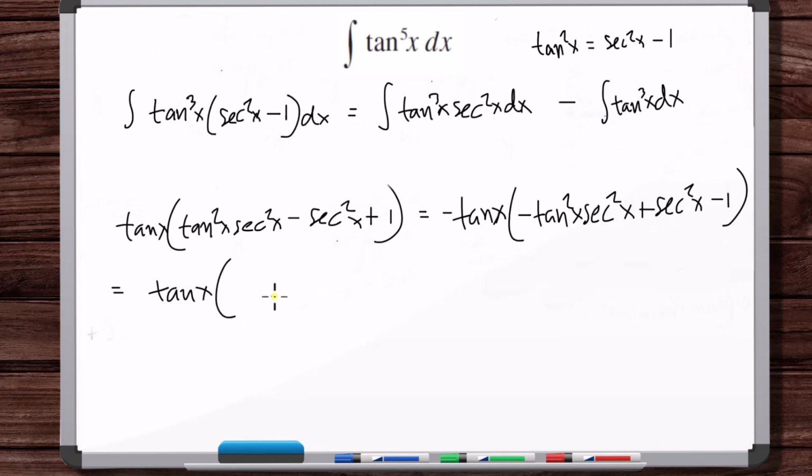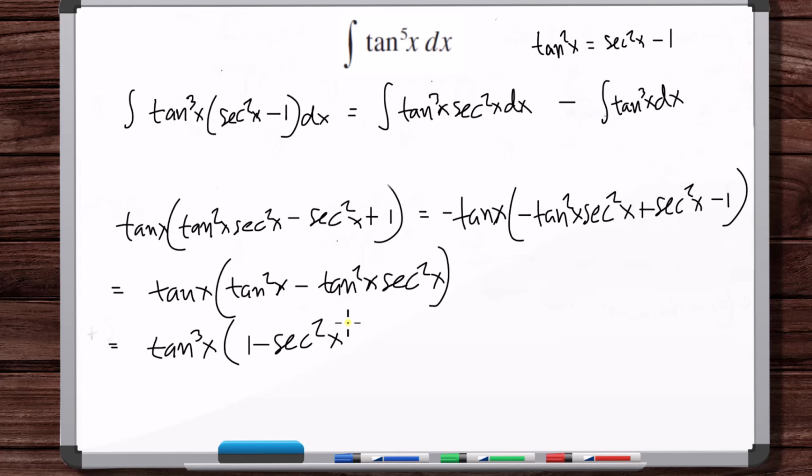So we've got tangent squared of x minus tangent squared of x secant squared of x. Let's factor out a tangent squared of x. Oh, wait.